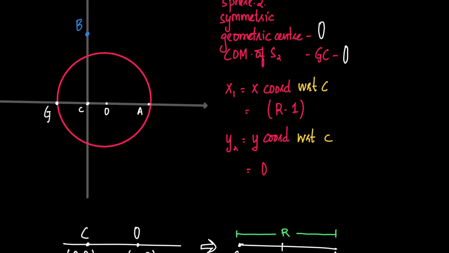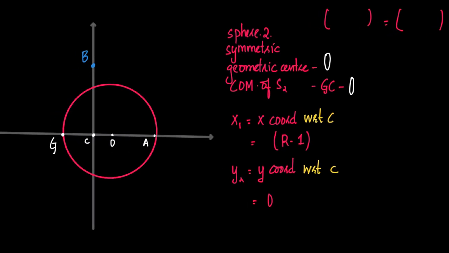Okay, so now let's come to sphere 2. Sphere 2 is again a symmetric figure, and by virtue of its symmetry, the center of mass of sphere 2 would be the geometric center, which is at O. If I say that the center of mass of sphere 2 is x2, y2 with respect to C, then x2 is equal to r minus 1 and y2 is equal to 0.